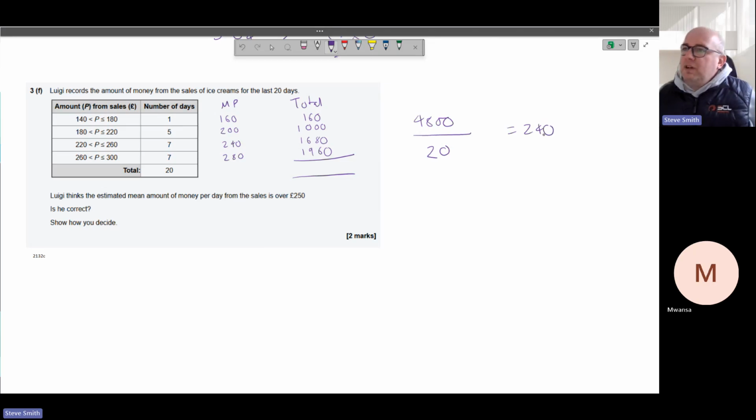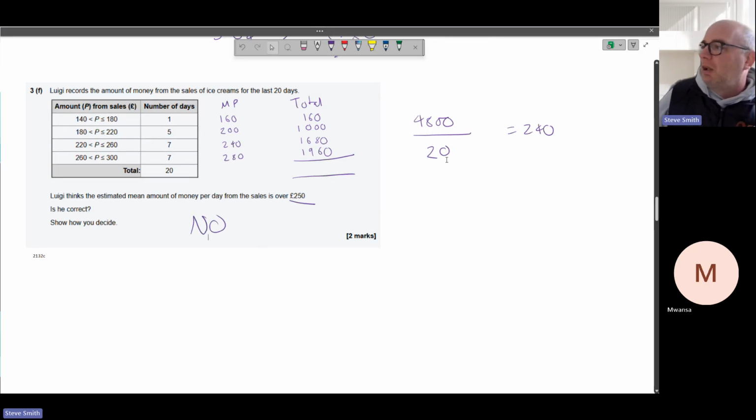So on an average day, they're looking at making £240. Luigi thinks the estimated mean amount of money per day from sales is over 250. Is he correct? No. So Luigi was not correct above, and he's not correct in this one. Luigi needs to maybe reconsider his job as an ice cream salesman because he's not been right twice.